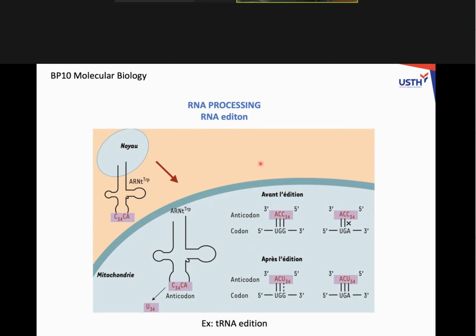And after, even when you look at the sequence of an RNA, you have to keep in mind that the base on the sequence of this RNA can also be chemically modified by an enzyme, not by transcription, to change the base. So it means that the final RNA often doesn't have the same sequence as the originating RNA because of edition. So it makes a lot of possibility.